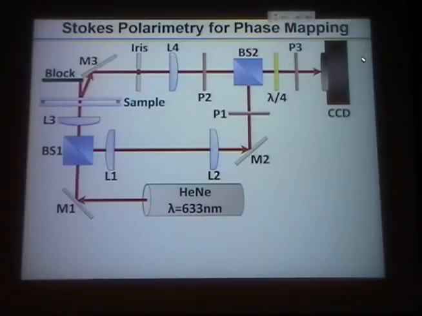Eventually we probe in here the phase profile by rotating the quarter-wave plate and the polarizer and measuring the intensity distribution using the CCD camera.